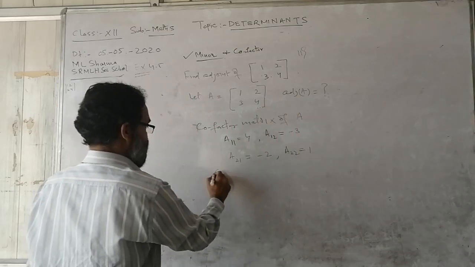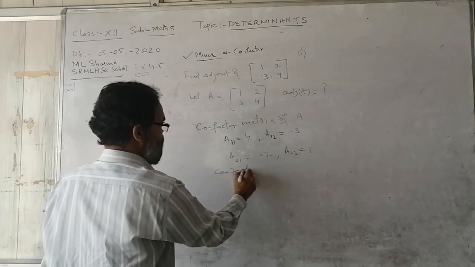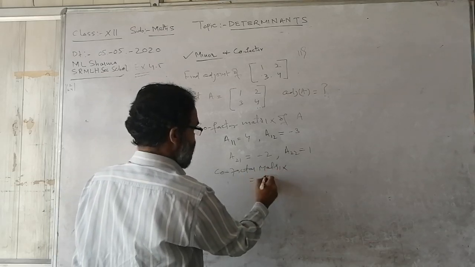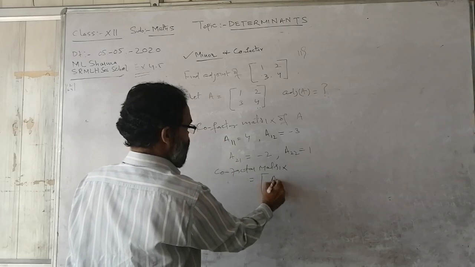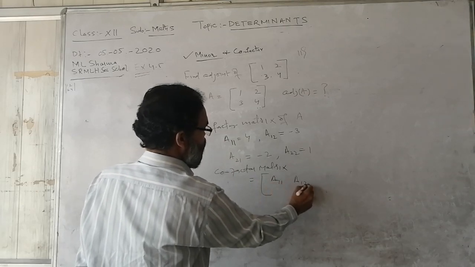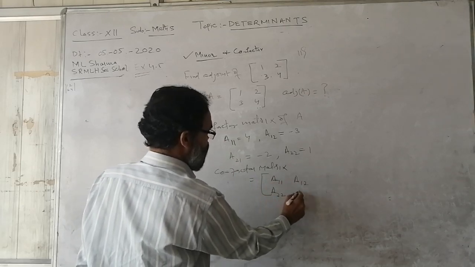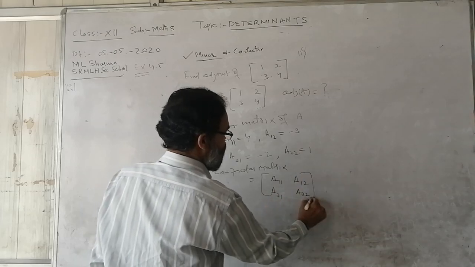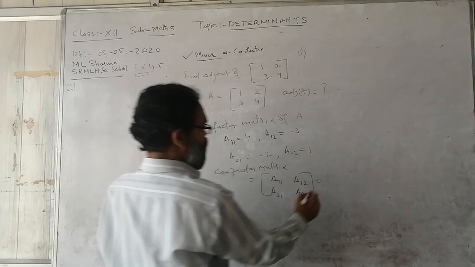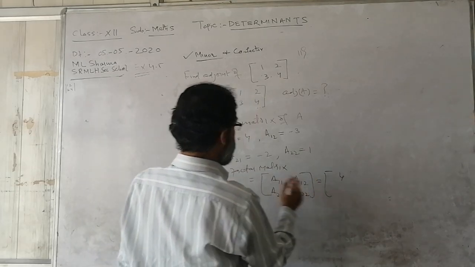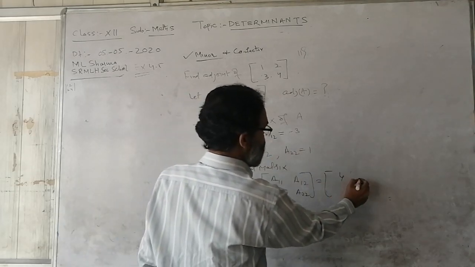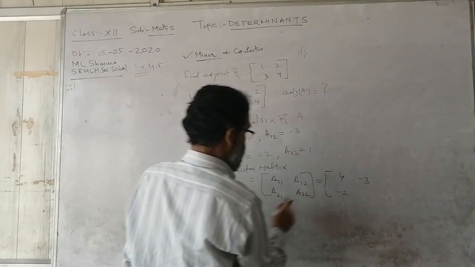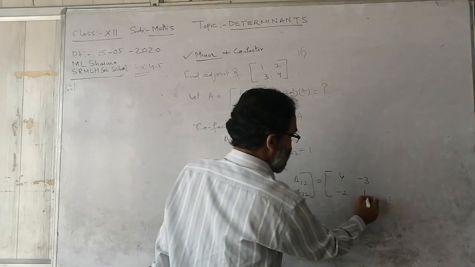So the cofactor matrix will equal A11, A12, A21 and A22. So this will equal, A11 is 4, A12 is minus 3, A21 is minus 2 and A22 is 1.